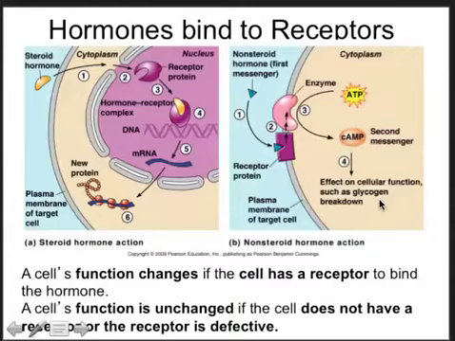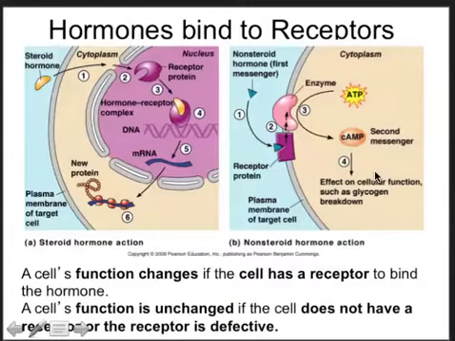And the reason for this cascade arrangement is so that you can take a very small initial signal and amplify it at each step in the pathway, and the result is that you take a tiny signal and amplify it really quickly.